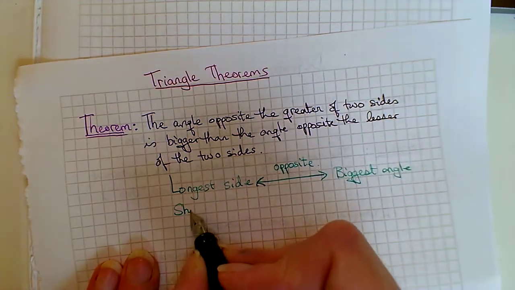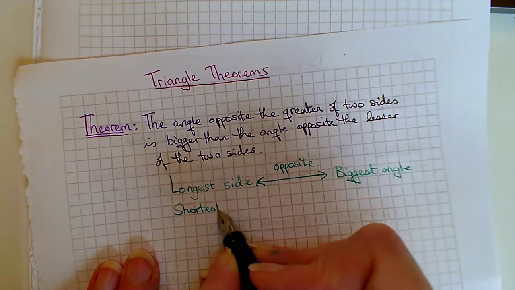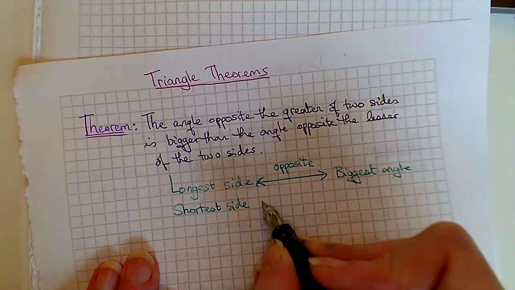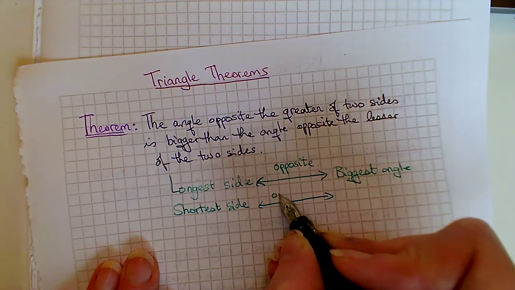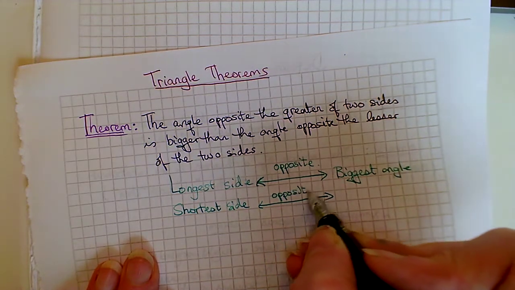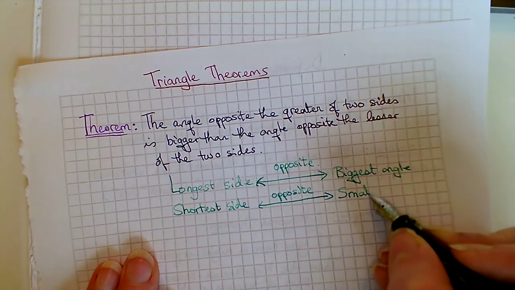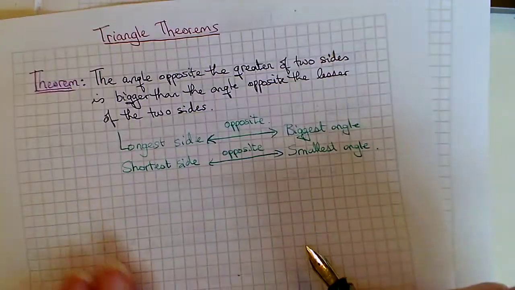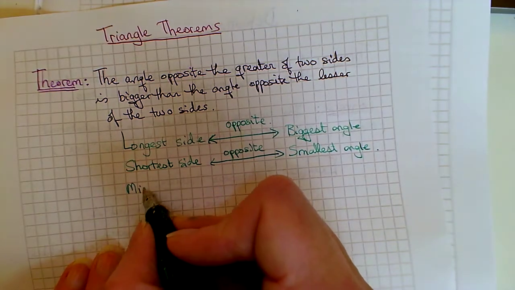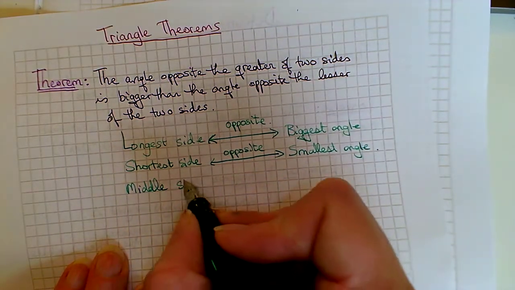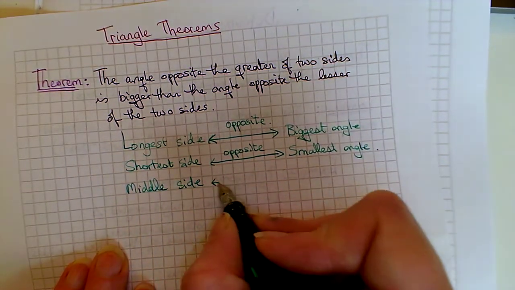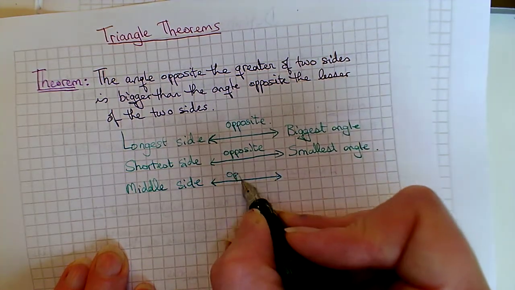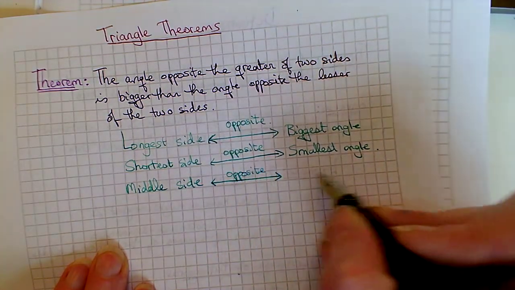And the shortest side is opposite, it's across from the smallest angle, and the one in the middle, the middle length side, is opposite the middle angle.